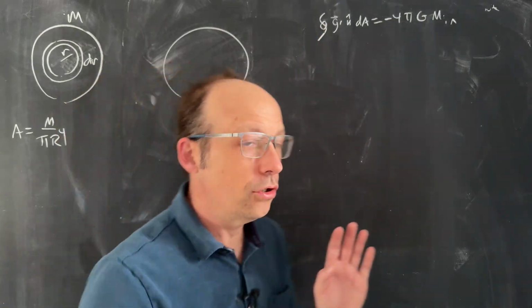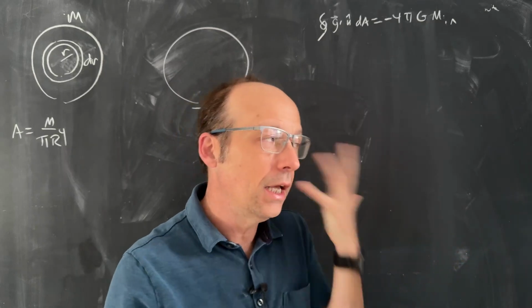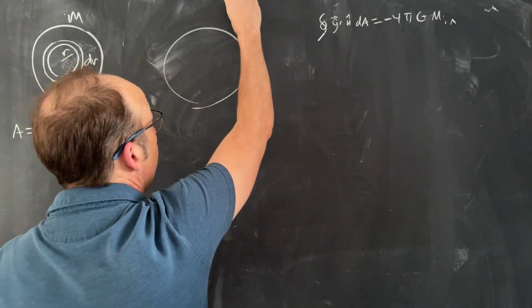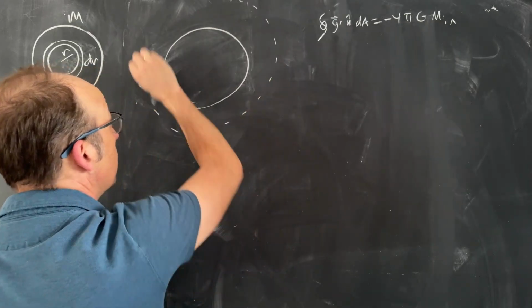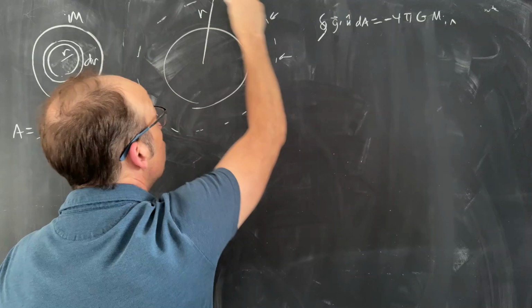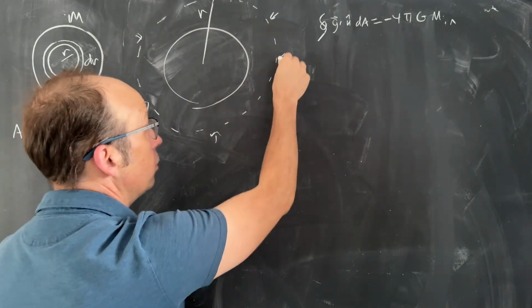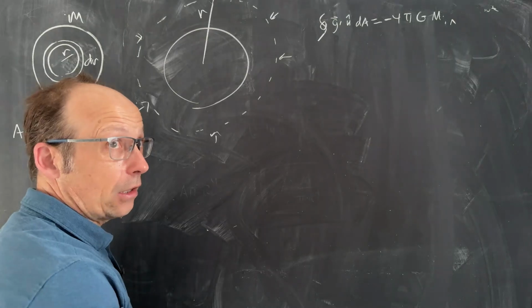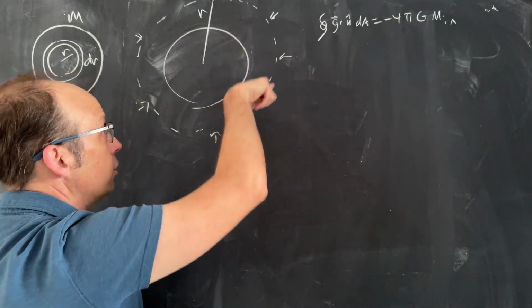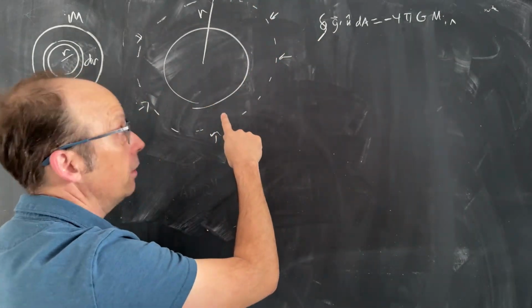And we only want to use Gauss's law for situations where we know something about the symmetry of the field. In this case, we know it's spherically symmetric. So outside of this, if I pick another sphere of radius r, then the gravitational field should have a constant magnitude over that surface, and it should be parallel to n hat along that surface. So n hat is pointing out. If I integrate g dot n hat over this whole thing, it's going to be negative g.